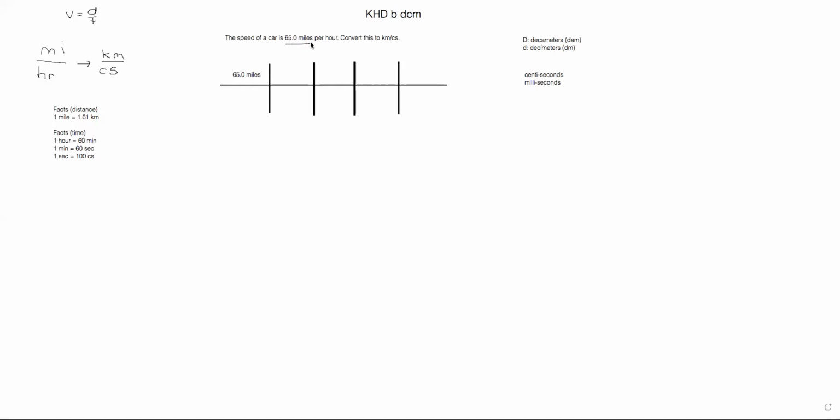It's going to be the first thing over the second thing. So it's 65 miles over 1 hour. And then for our next fact, we know that 1 hour is 60 minutes.